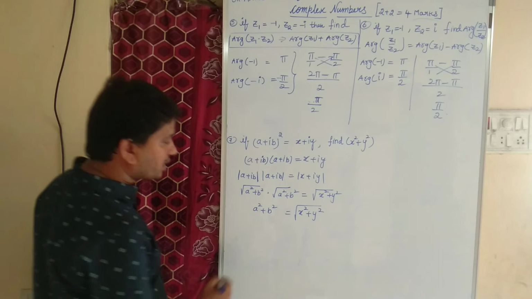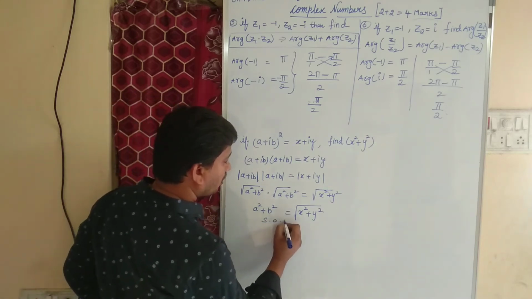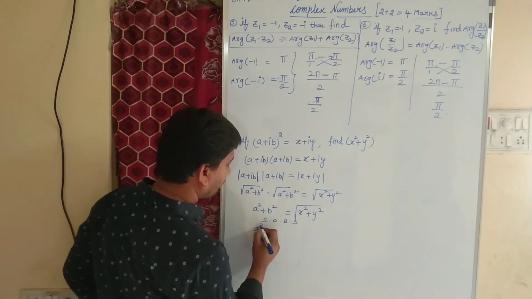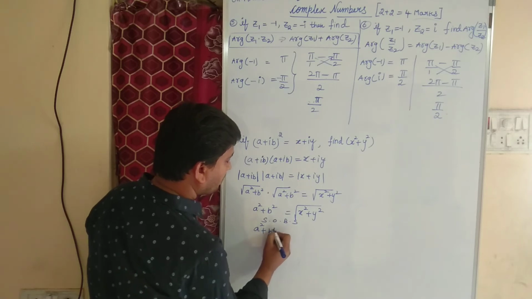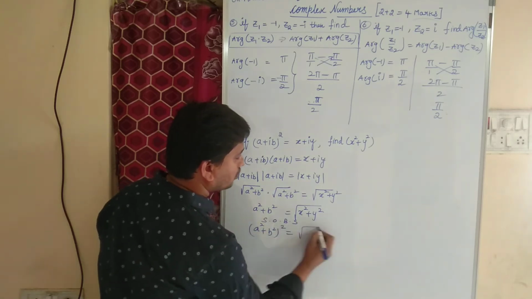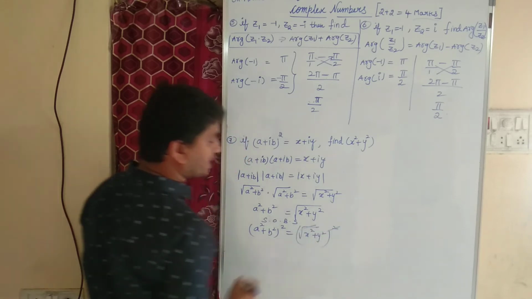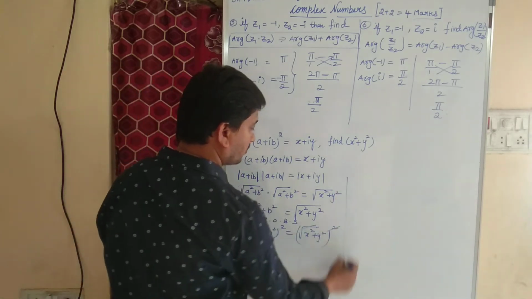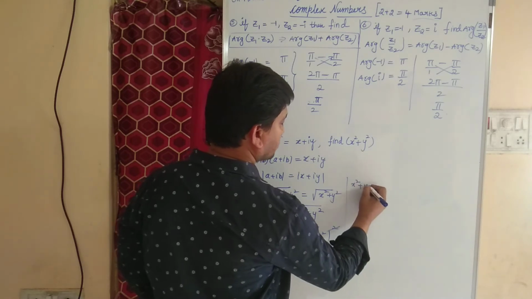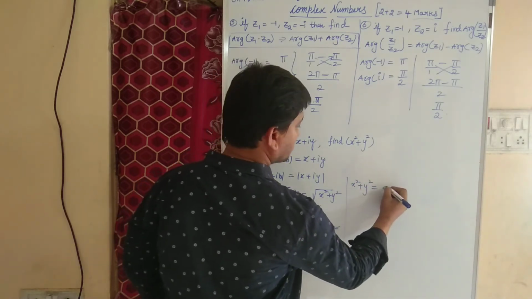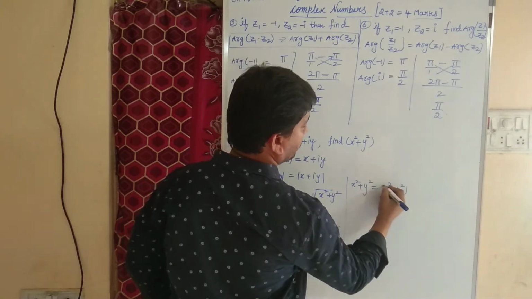So squaring on both sides, it will become a square plus b square whole square equal to root over x square plus y square whole square. Square root gets cancelled. Therefore, the value of x square plus y square is a square plus b square whole square.